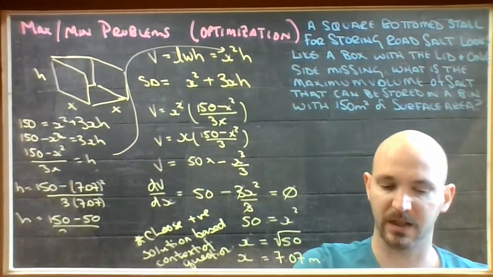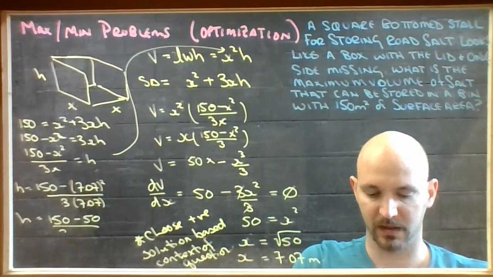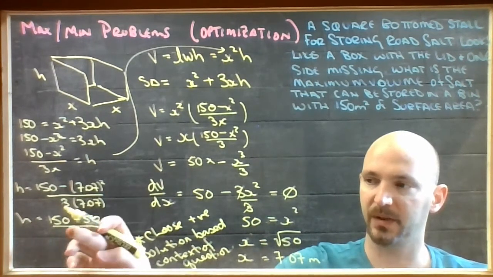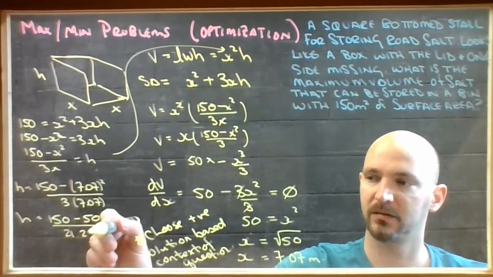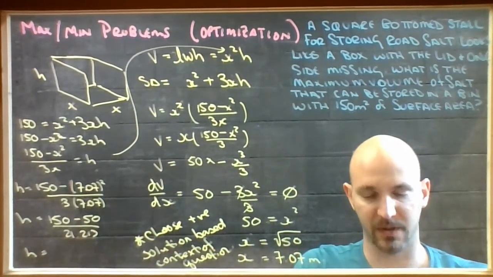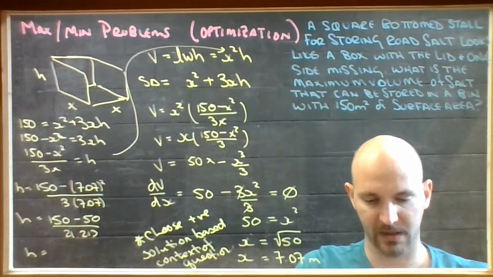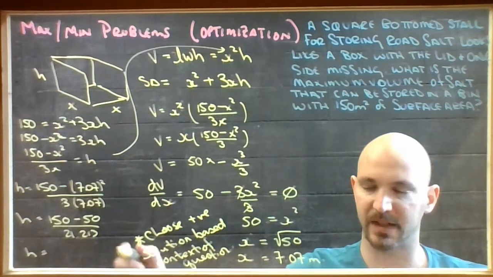And 3 times the square root of 50 is 21.213. 150 minus 50 is 100, and 100 divided by 21.213 is 4.714.